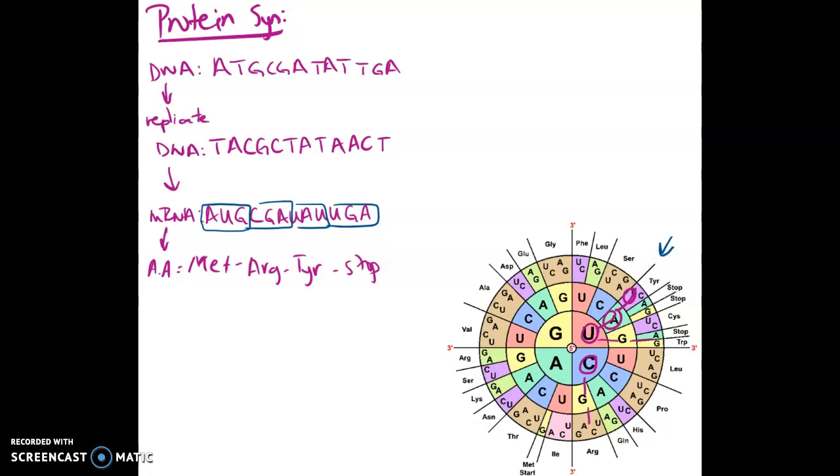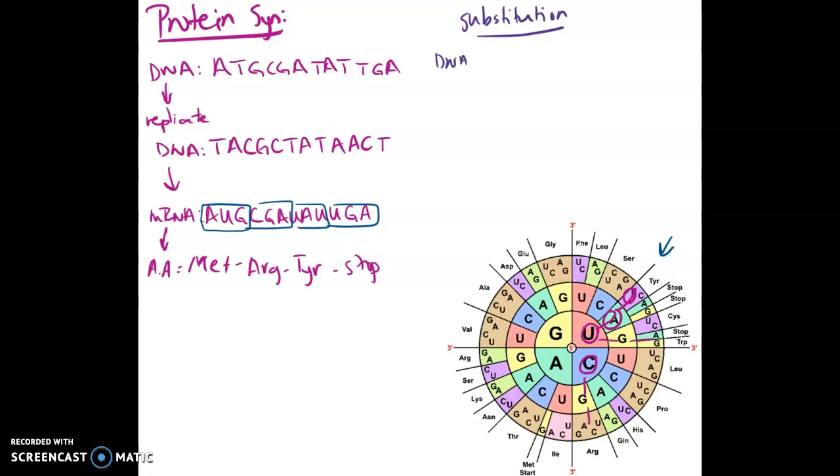So with substitution, we're going to use this original DNA strand, but we're going to make that edit to it. So remember, in substitution, that's whenever one base is going to be swapped, right?